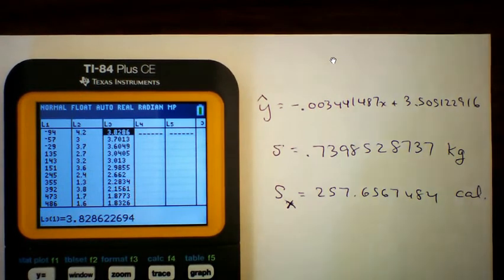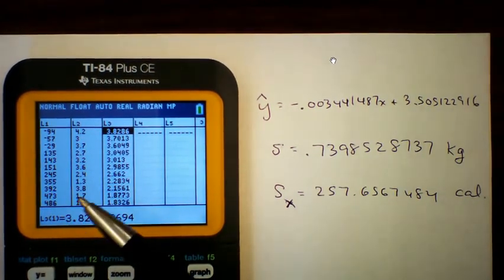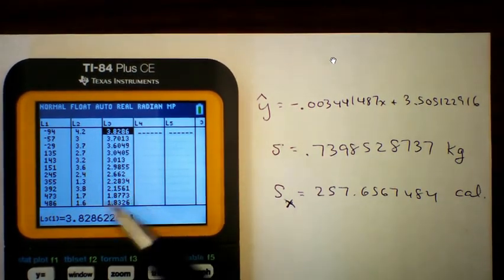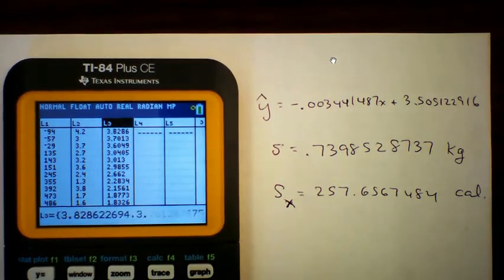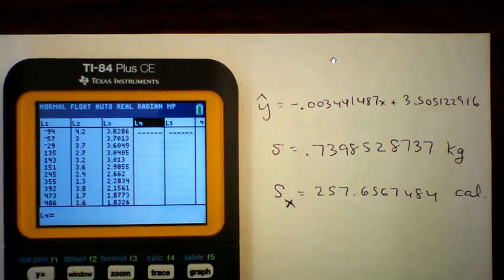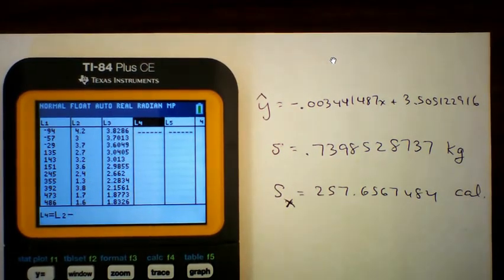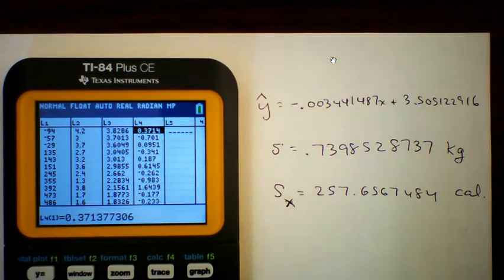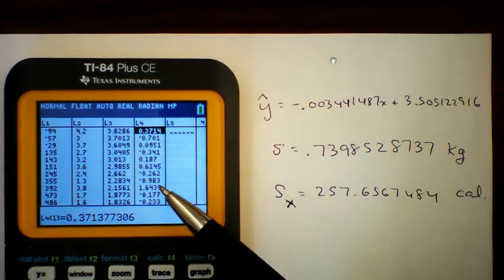We probably don't really need all those places. Okay, so there's my predicted equation. There's my observed. So the residuals go observed, and that's what's nice about having this order. Observed minus predicted. So there's my residuals.